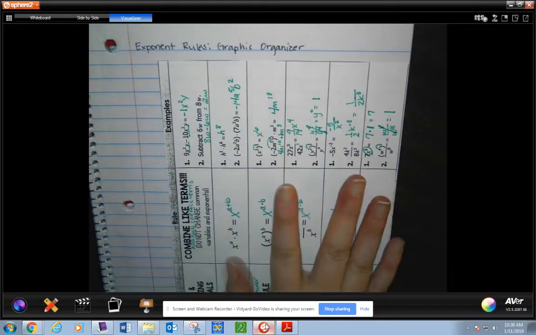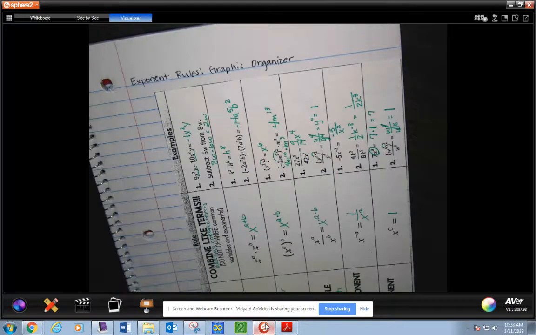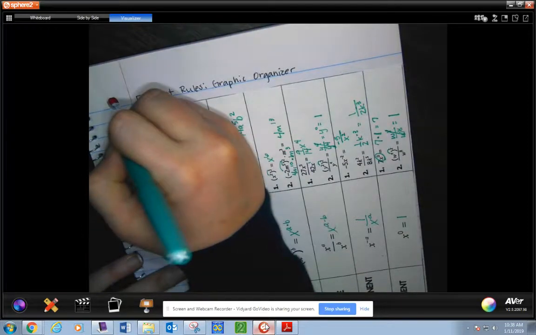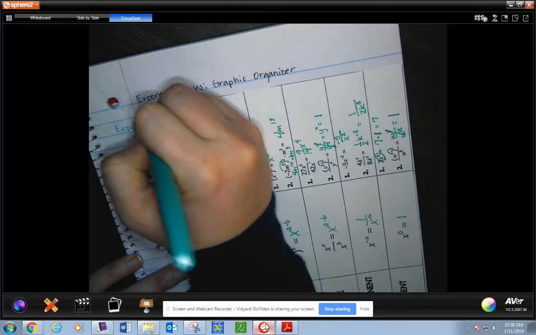Okay, so I'm going to put this right here on the edge. And then I'm going to come over here because this may help you. And this is only true for the exponents. This does not work for the coefficients.